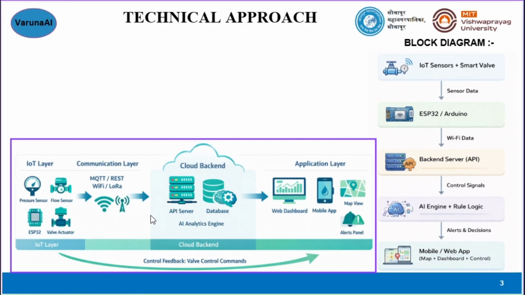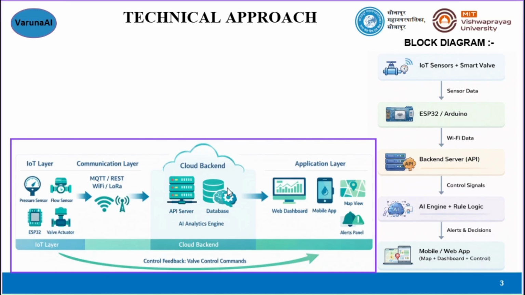Next is the communication layer, where data is transmitted using protocols like MQTT and/or REST over Wi-Fi or LoRa to ensure reliable connectivity. In the center, we have the cloud backend, which consists of an API server, database, and an AI analytics engine. The AI model analyzes pressure patterns, detects anomalies, and predicts demand for intelligent decision making.